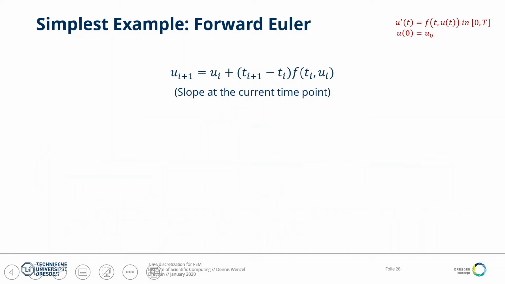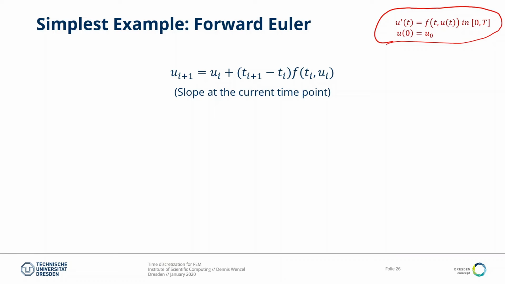And the most simple example is the forward Euler scheme. So you're talking about this problem up here: the derivative of a function is given by some function that depends on the time and the value of the function itself.